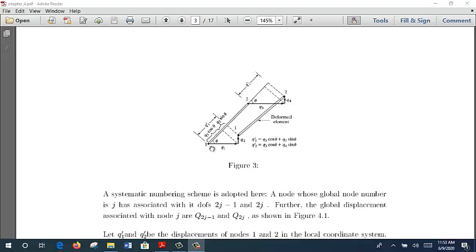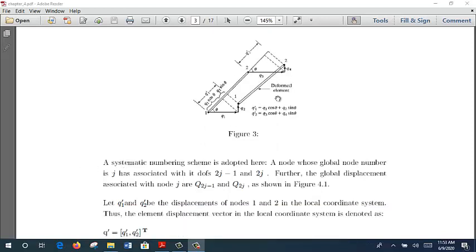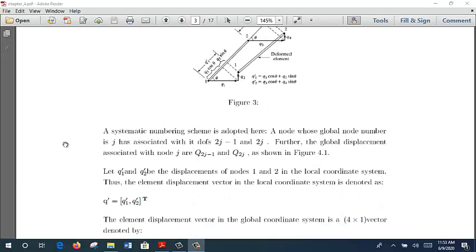This is your Q1 and this is your Q2 for node number 1. The same happens at node 2. Your local displacement for node 2 is equal to Q3 cos theta plus Q4 sin theta. A systematic numbering scheme is adopted here.